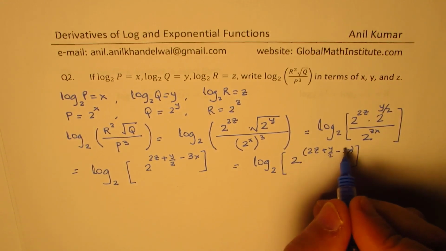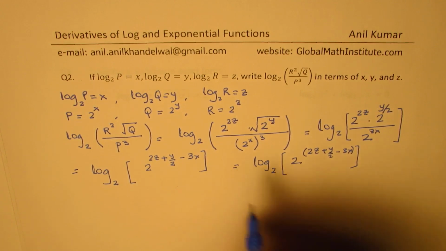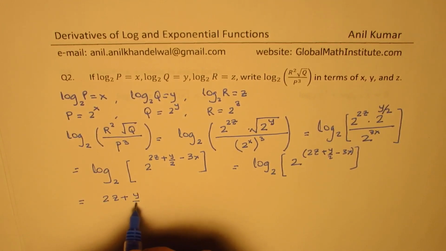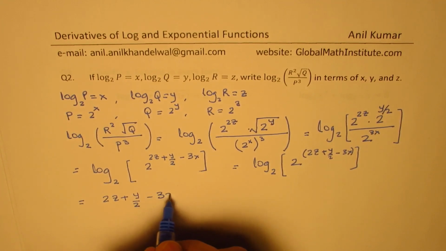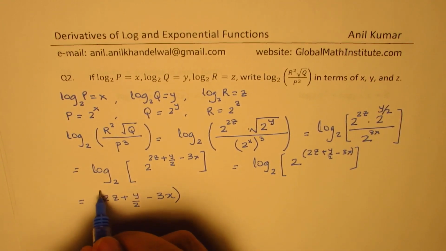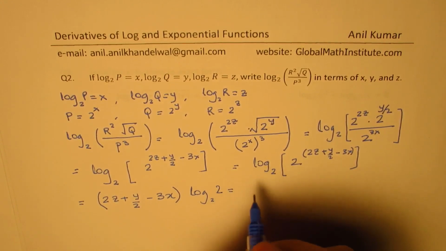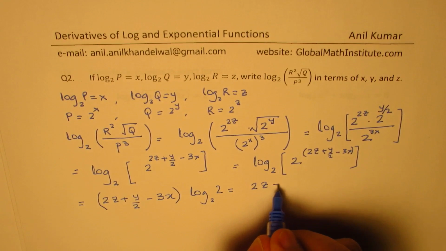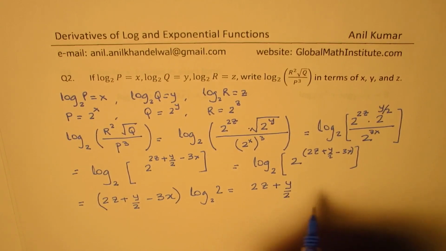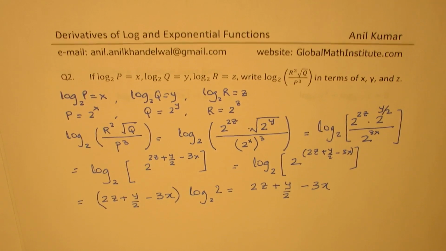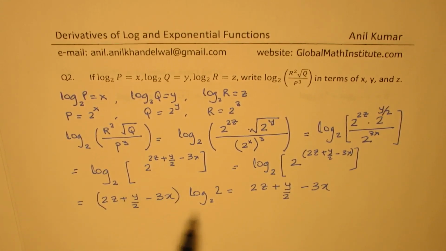Because that is the exponent, using the power rule, this is equal to 2z plus y by 2 minus 3x times log 2 of 2, which is the same as 2z plus y by 2 minus 3x. So that becomes your final answer. Clear? Well, this step was unnecessary. However, you could have gone straight from here to there, right?